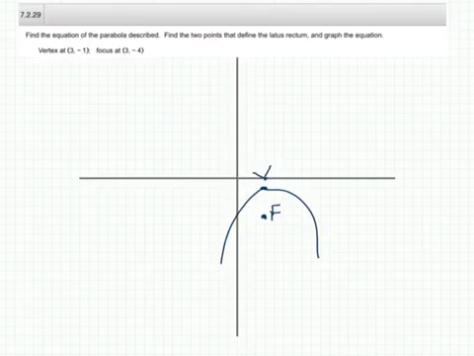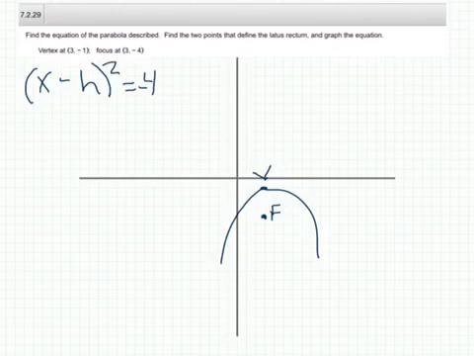I'm going to have to get rid of that parabola because I don't know exactly how wide it is. I haven't graphed any more points. But I know that my parabola opens down. So before I get rid of that sample parabola, I'm going to write in the standard form of a parabola that opens down, and that is (x minus h) squared equals negative, because it opens down, 4a (y minus k).